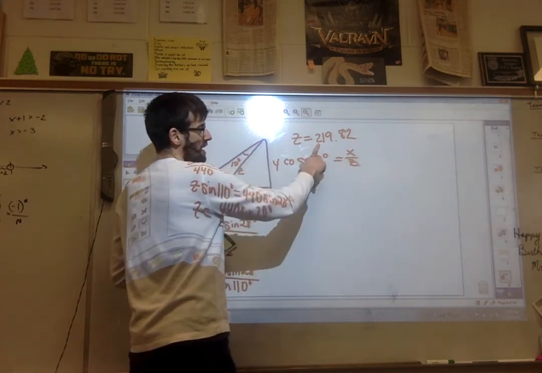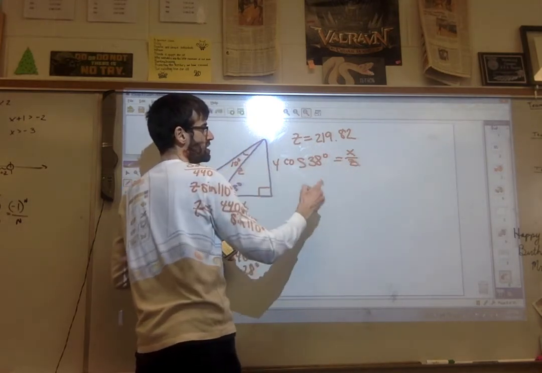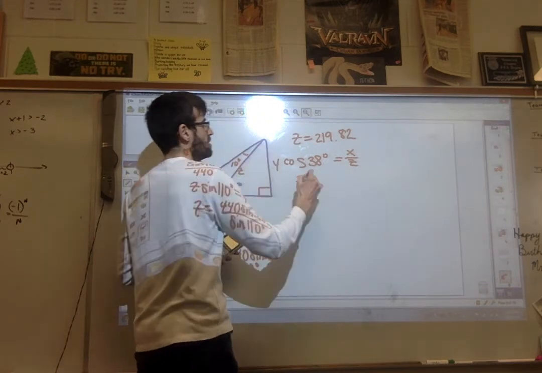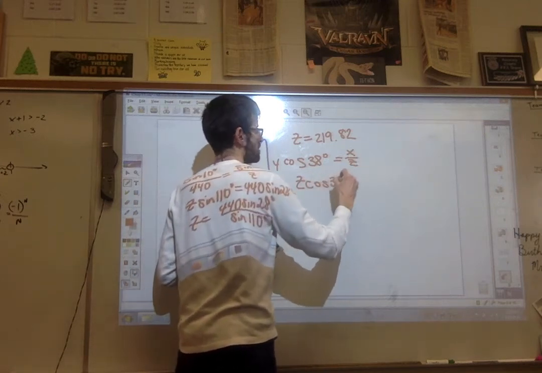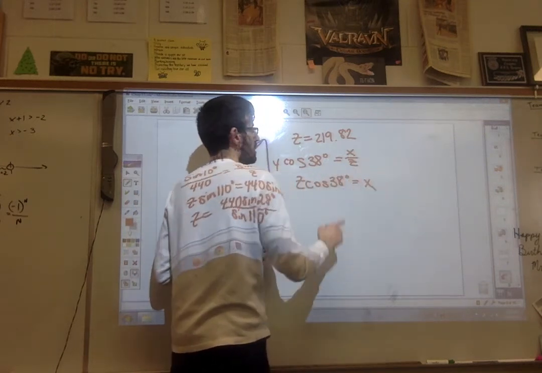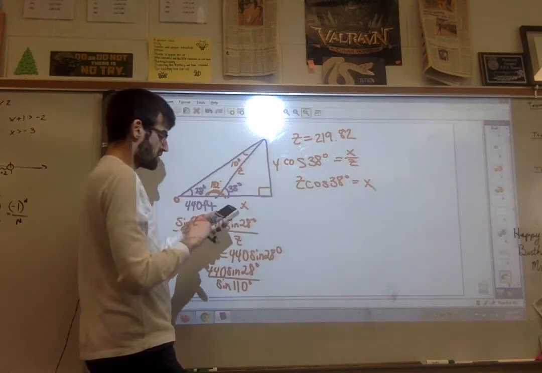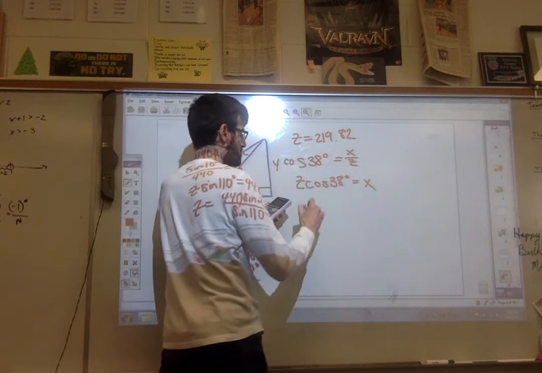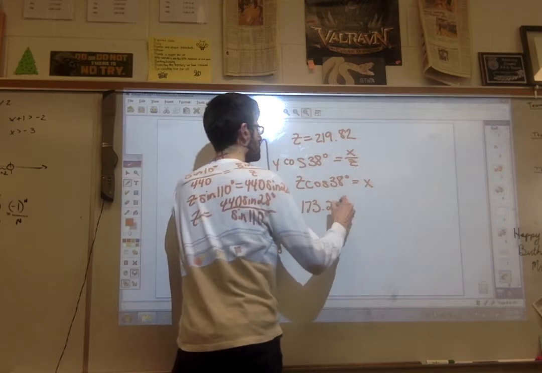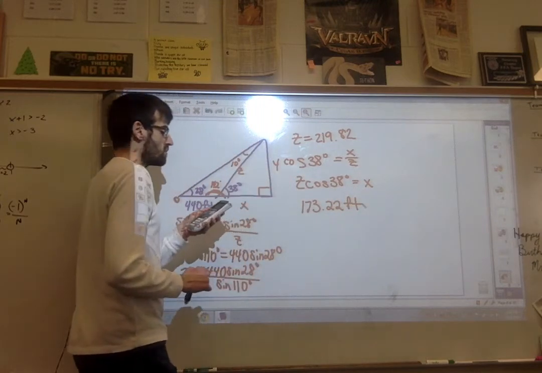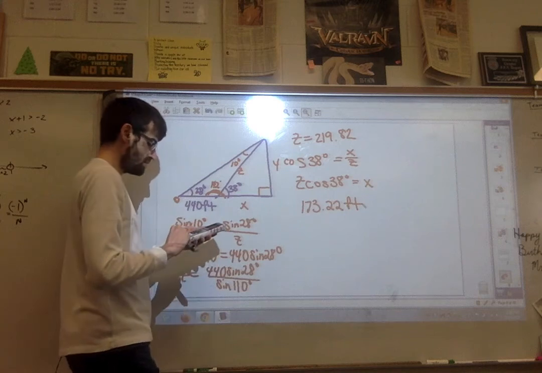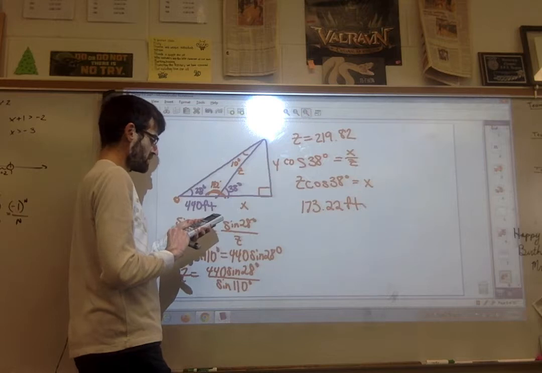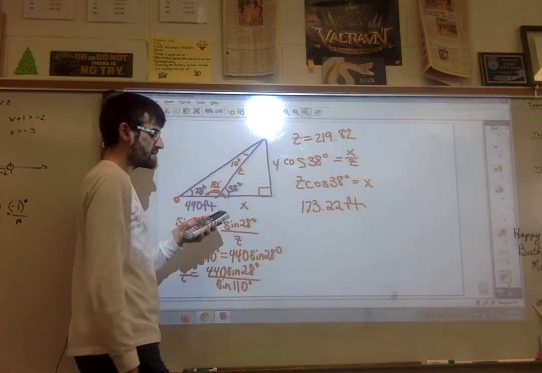This is going to be that stored value right here, but remember I used the store function in the calculator to get an exact value. So when I do that times the cosine of 38, that's going to give me 173.22. So when I take 173.22 and add 440, that is going to be 613.22.